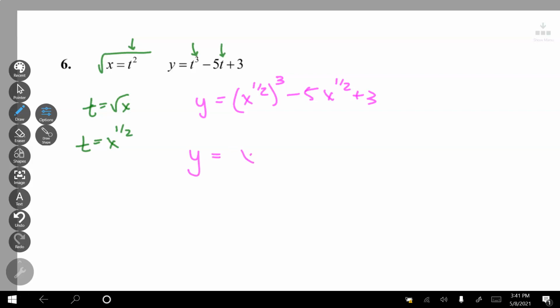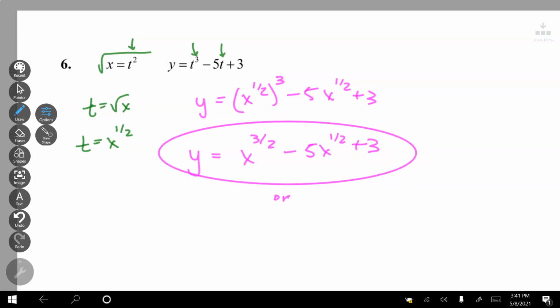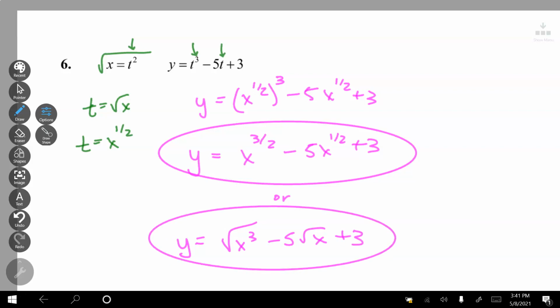You can write it this way, or, if you want to write it this way, to me they are the same function, same equation, doesn't really matter, and I don't even know what that graph looks like. I don't think there's a name for this graph.